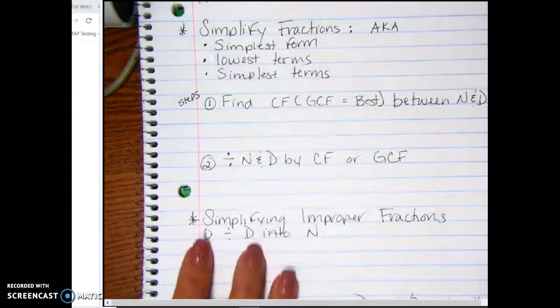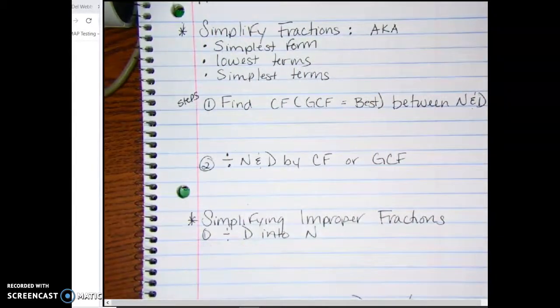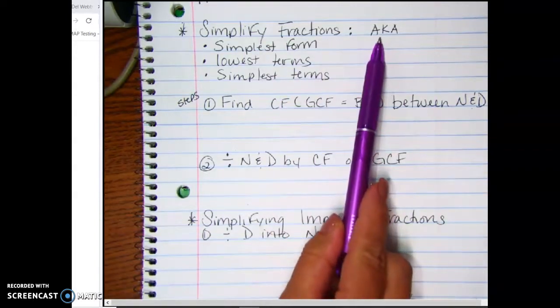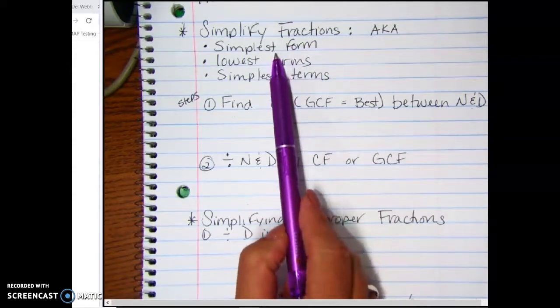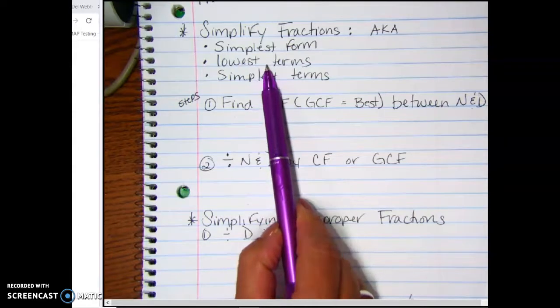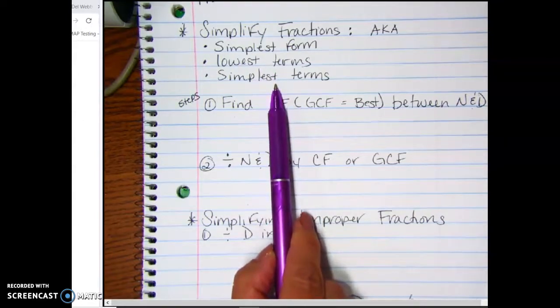Pause if necessary. Now we're going to talk about more fractions intro, simplify fractions. And you guys have done this in 5th grade. I recall doing it myself. When we simplify fractions, it's also known as finding the simplest form, placing my numbers in lowest terms, or simplest terms.